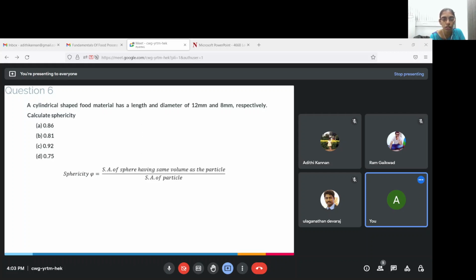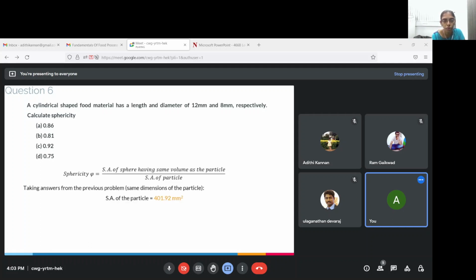Sphericity of a particle can be given as the surface area of a sphere having the same volume as that of the particle divided by the surface area of the particle. So the more and more these are the same, the more you can say that the particle is very close to being a sphere.